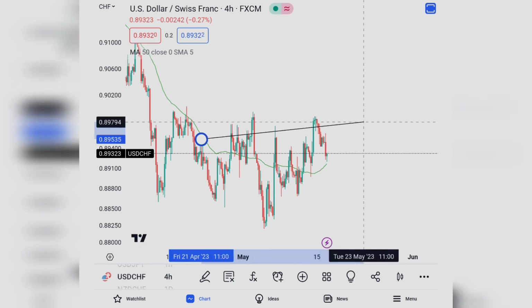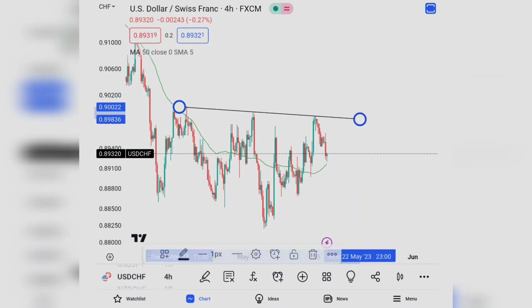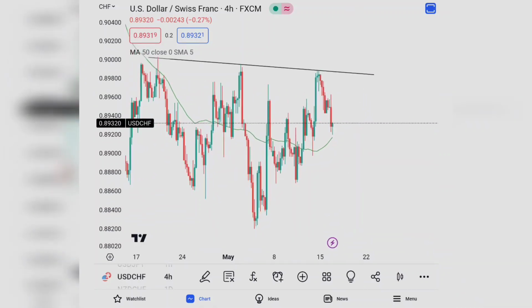Looking at this example, there's a trend line here. Let's say for example I go to work, and I know that there is a trend line here. I'm looking for candlestick reversal patterns. As you can see here, there's something like a doji, something like a hanging man here. It's a reversal candlestick pattern.